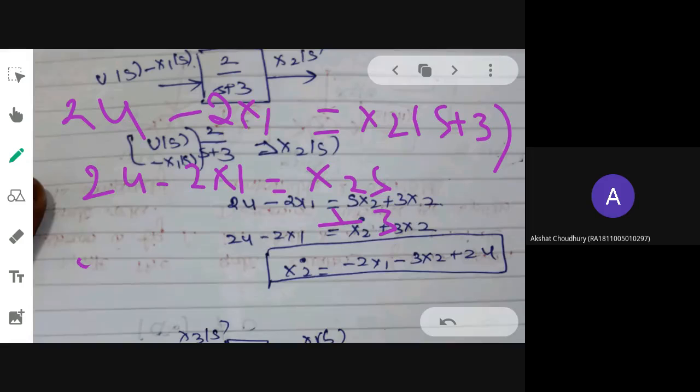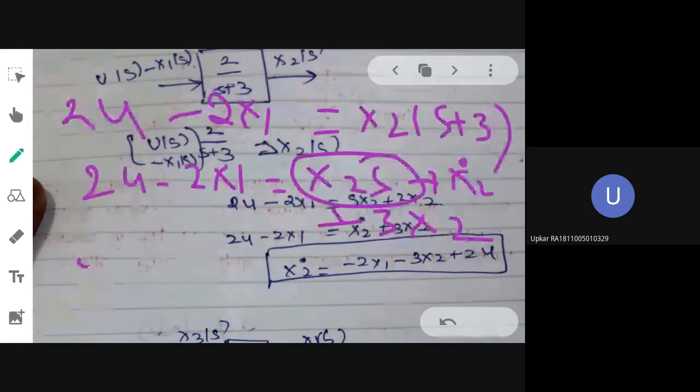So x2s, how can you write? One s term is there, that is equivalent to differentiation. So you can replace the term by x2 dot. Yes or no? Will you be able to do that or not? Yes, ma'am. So in the final equation, x2 only I want to get.